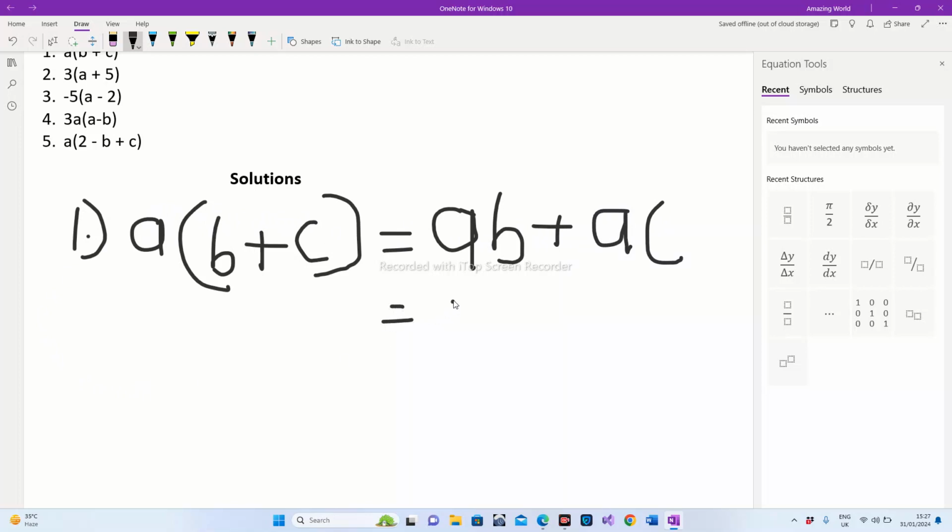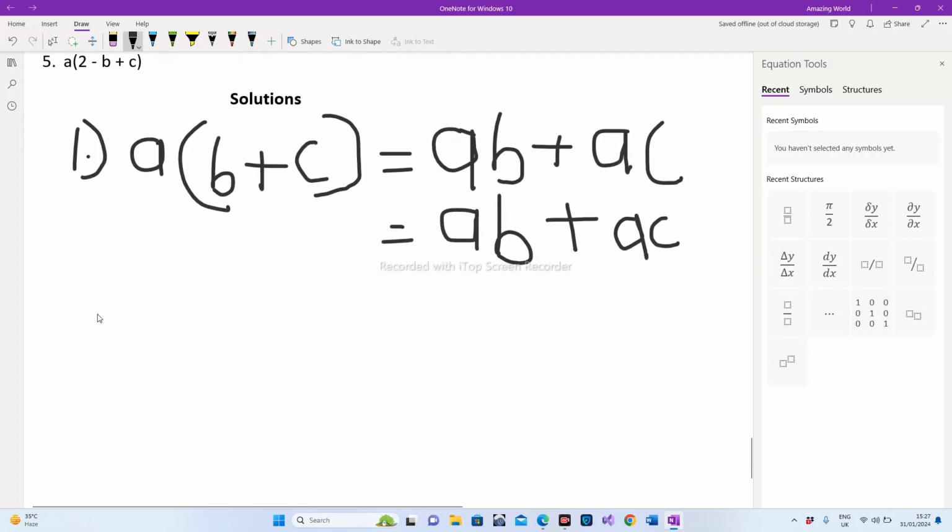So this will give us ab plus ac. And that is it with our very first solution. I wouldn't want to waste so much time.